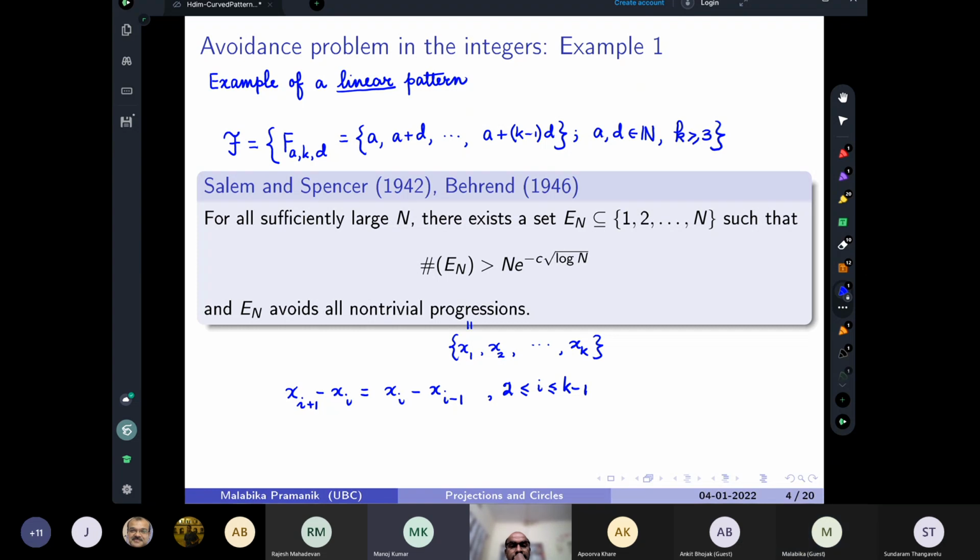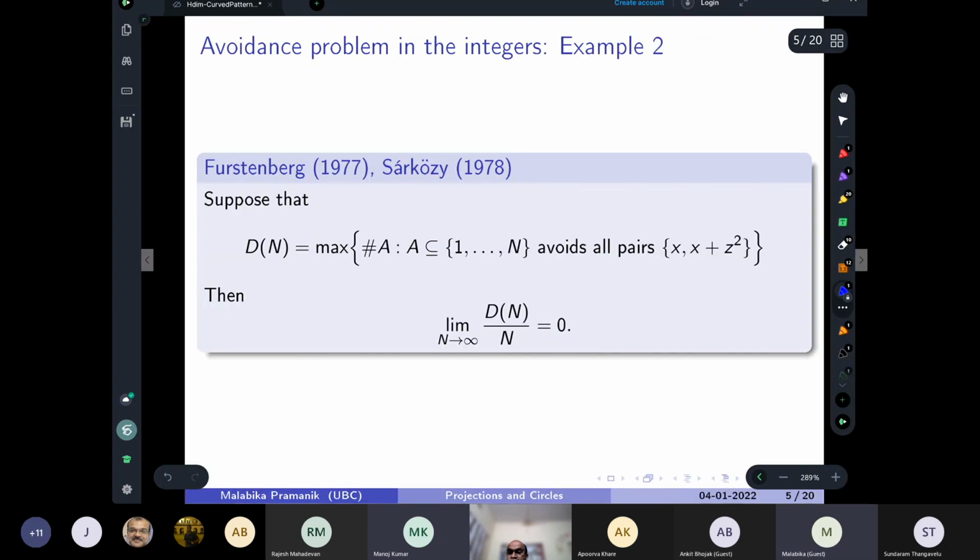Now, in contrast, here is another example, originally due to Furstenberg and later modified or made more quantitative by Sarkozy. And this is again in the integers.